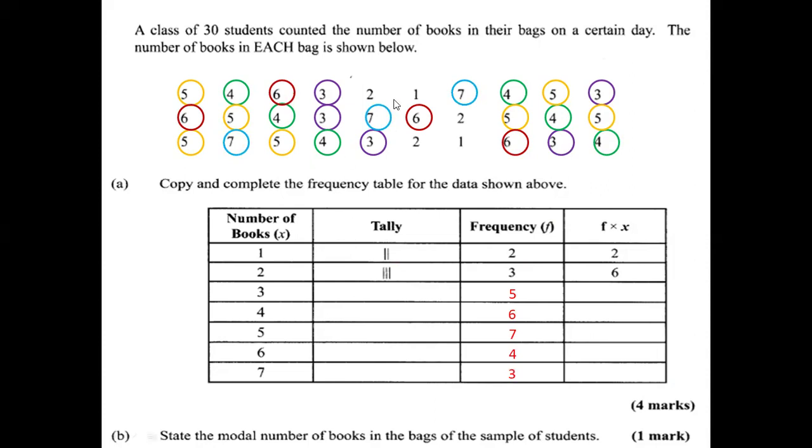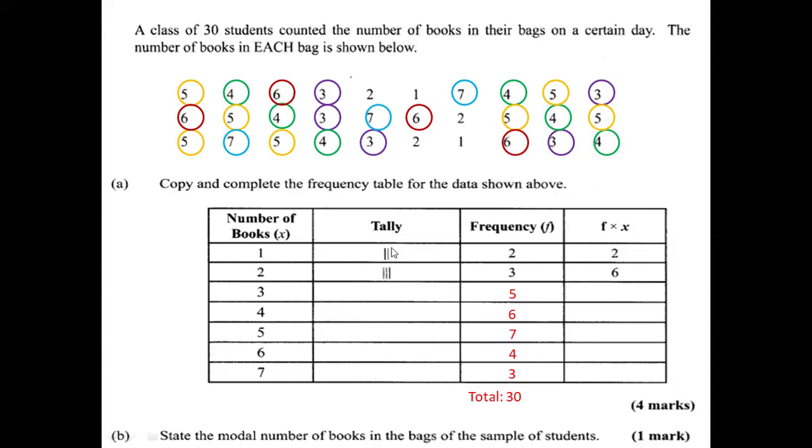Completing that section, we'll have our frequency completed. Now, you are in the exam and you have completed your frequency. Always count that column to ensure that it's the same as the number of students in the survey. If that is so, then you have selected these numbers correctly.